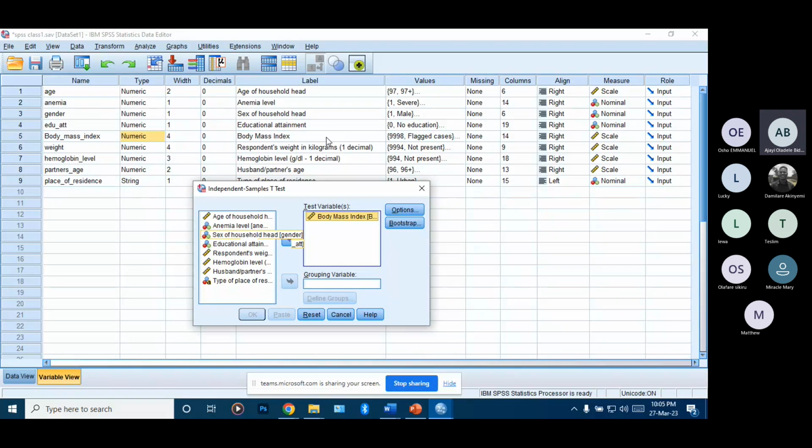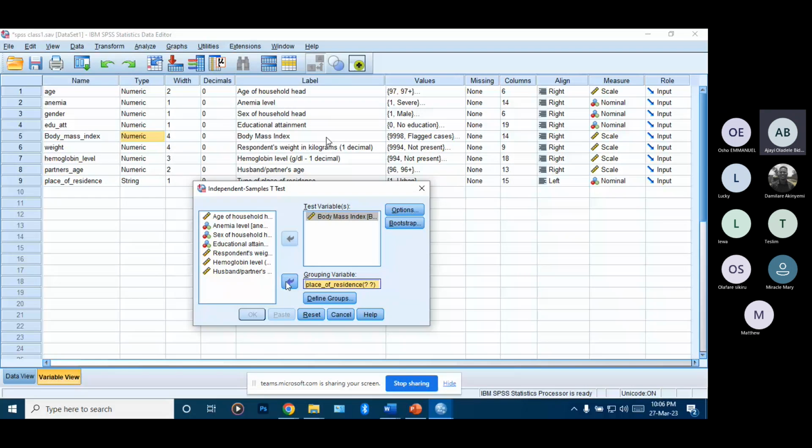Now, the grouping variable, let's look at the place of residence. Immediately you send in the grouping variable, you will see a question mark, and the button for you to define your groups becomes active. Let me send it back. Before I send in the grouping variable, this button is not active. Immediately I send it in, the button becomes active.